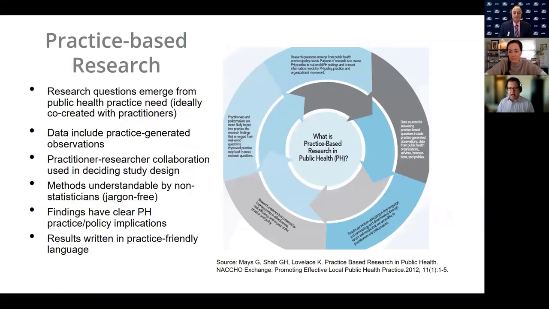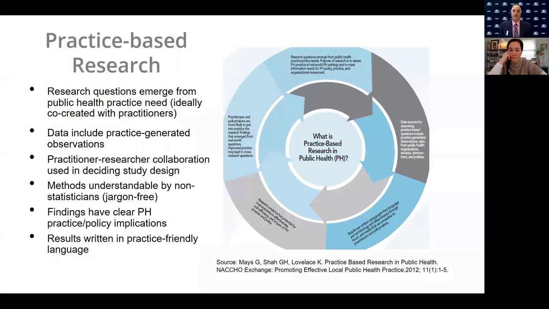So with that, I would like to hand it off to Dr. Shah, who will talk about what is practice-based research and why is that relevant to writing up your results. Dr. Shah? Thank you, Dr. Moore, and welcome. Practice-based research has been variously defined.